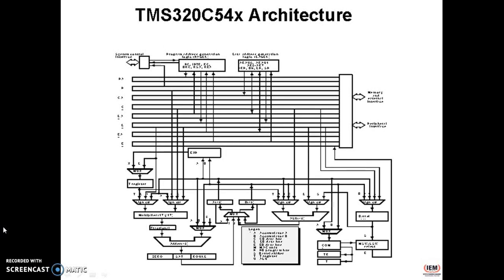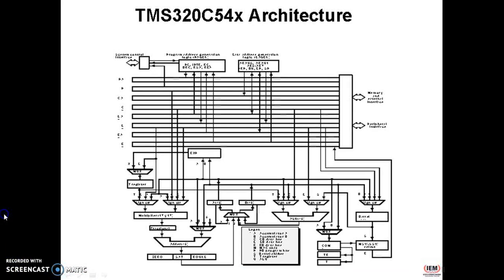Fixed point processors represent numbers as a magnitude and sign within a certain number of bits. Now here we discuss the bus structure. The C54x architecture is built around 8 major 16-bit buses, 4 program or data buses and 4 address buses.